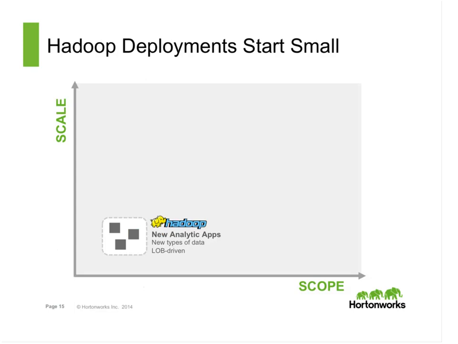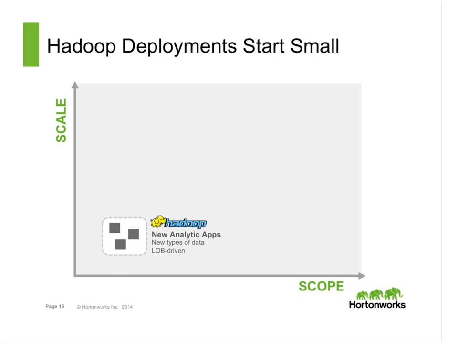And they will try to do a proof of concept, maybe get some value, and then say, there's something here. What we'd like to do is do a little more of that, maybe with some additional kinds of data. So the scale starts to change, the scope starts to change.